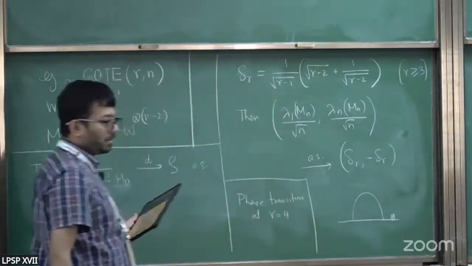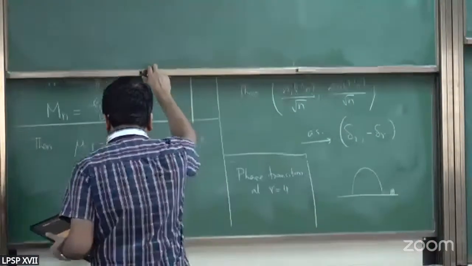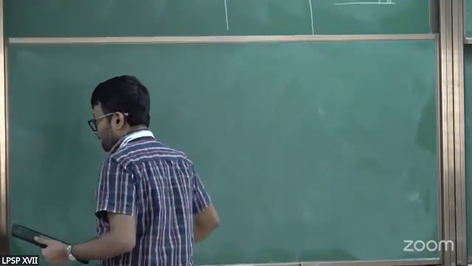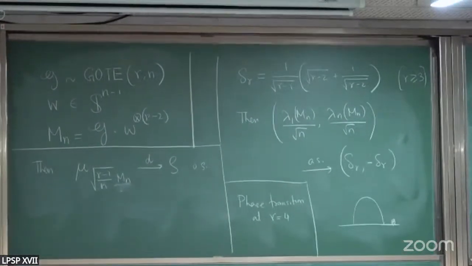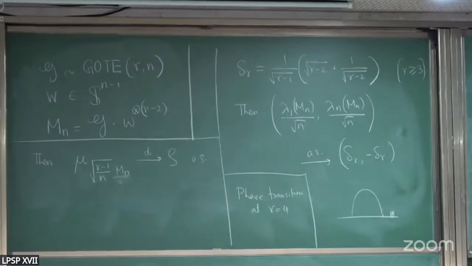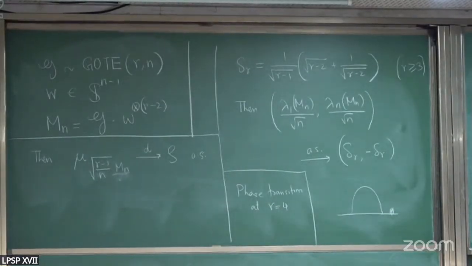This is also true for hypergraphs, but here you can also say something about the fluctuations around those limit values.